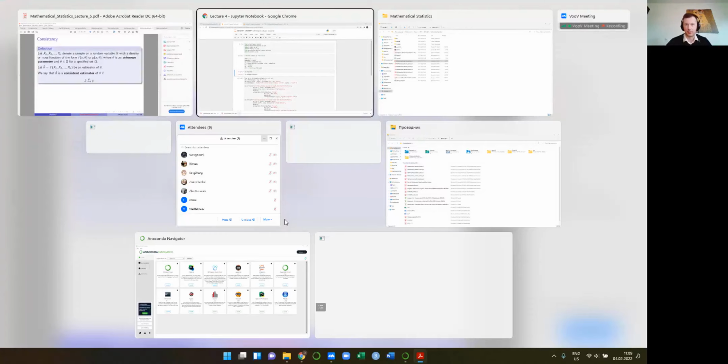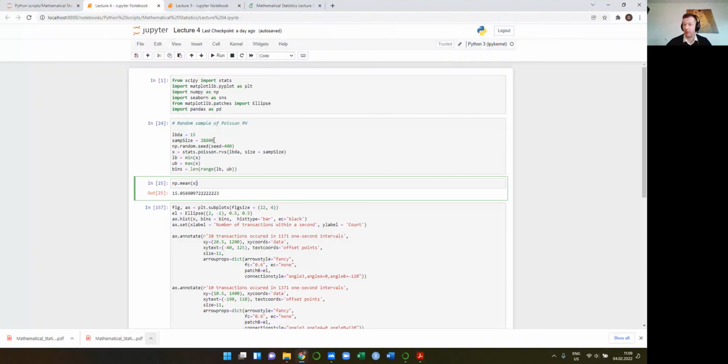So let me also demonstrate this with the help of a previous example. Look, our sample size was 28,800. What if I make it smaller? What if I take not the full day, like 8 hours of trading, but only 1 hour?